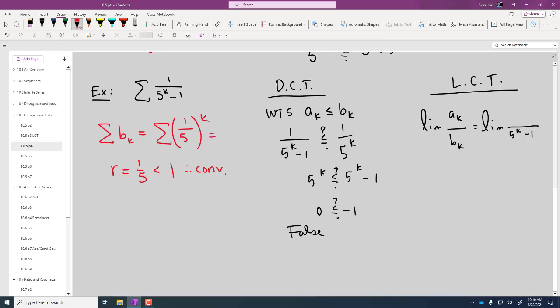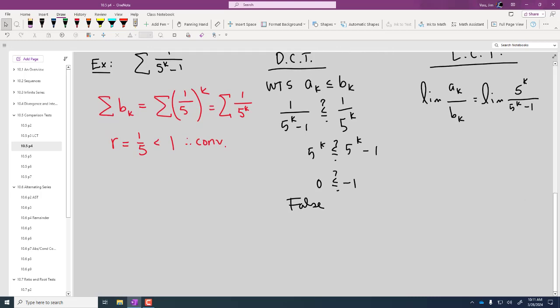You could think of this as 1 over 5 to the k. Right? Either way, those are the same. So if we think of it in this form, if we're dividing by that, we multiply by the reciprocal. If you multiply by the reciprocal, you get a 5 to the k in the numerator. So here's where you have the two choices.